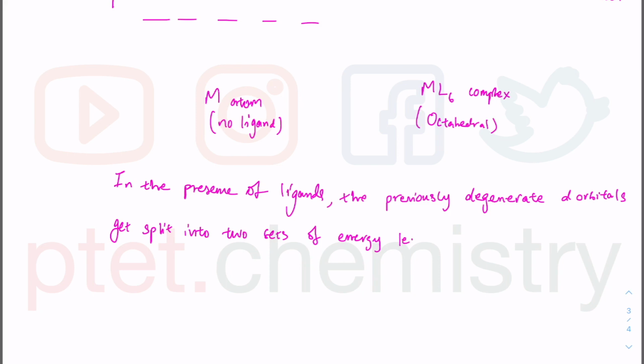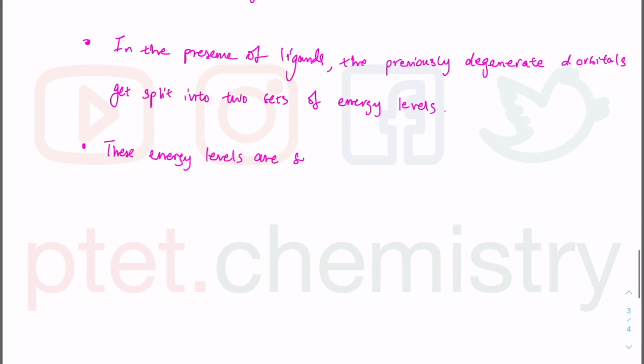I haven't mentioned the energy gap yet. These energy levels are separated by the energy gap. Delta E is equal to hf, equal to hc over lambda absorbed.